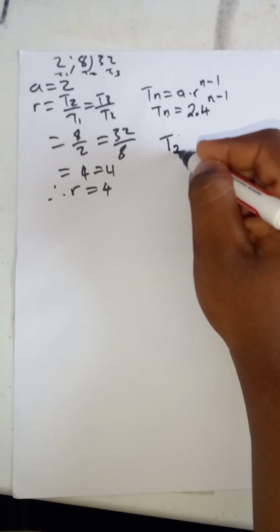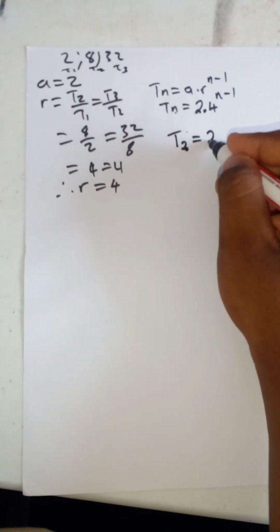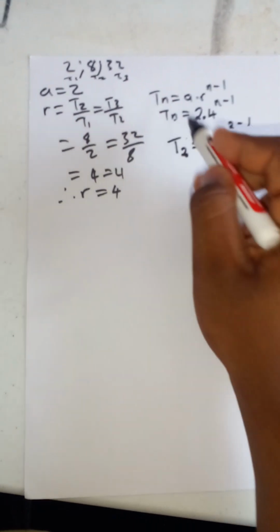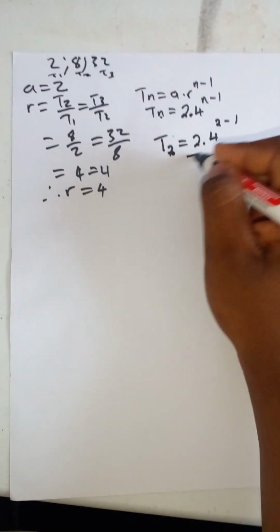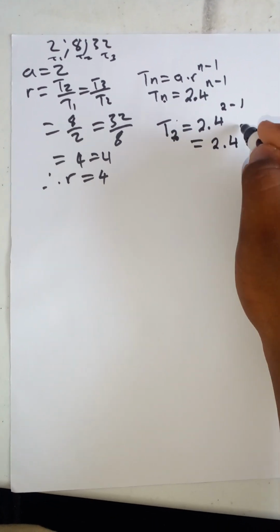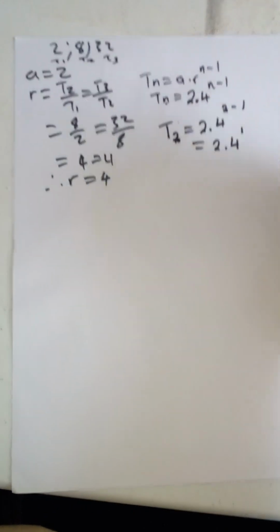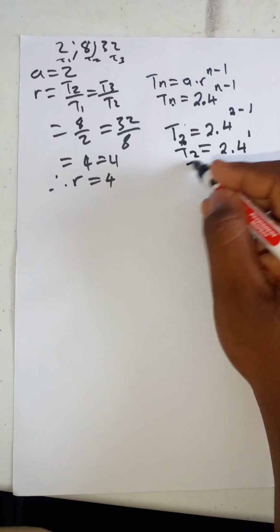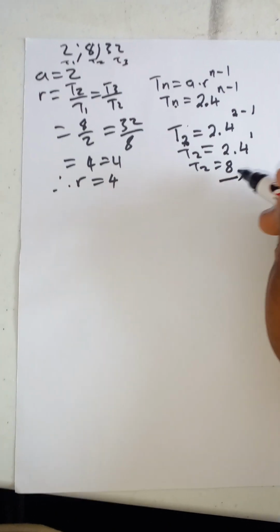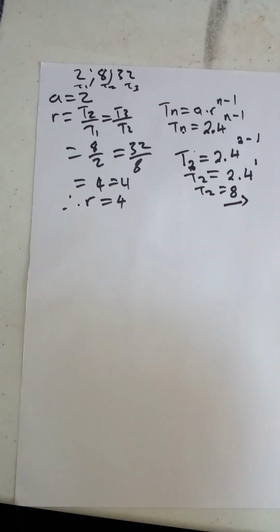I'm just checking: T2 is going to be equal to 2 times 4 to the power of 2 minus 1. Where there is n, I put 2. So it is going to be 2 times 4 to the power of 1, because 2 minus 1 is 1. As you can see, there is no variable as an exponent, so therefore my T2 is equal to 8. This one is the very same thing there, as you can see.